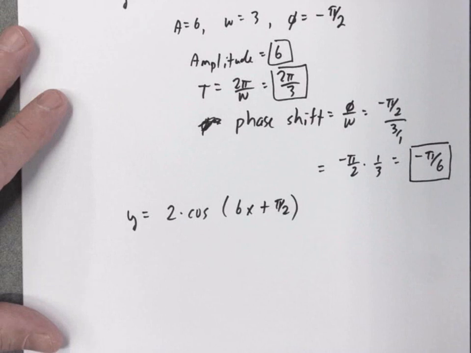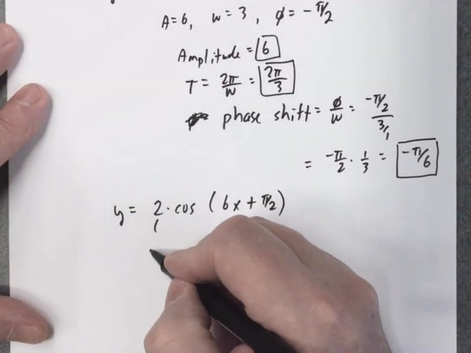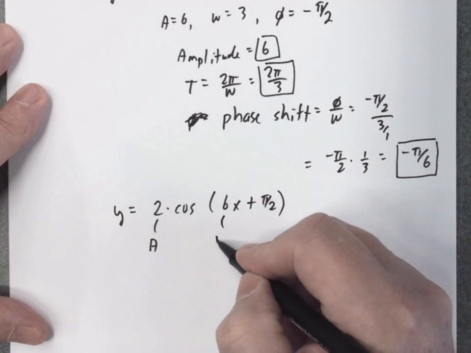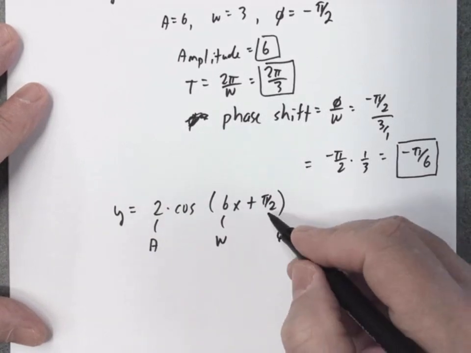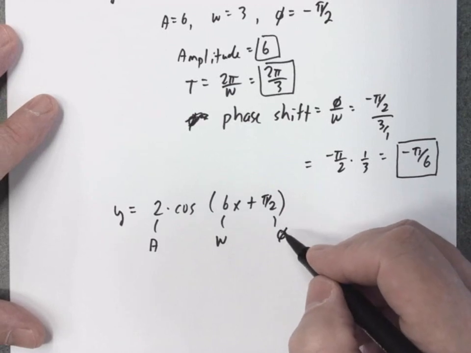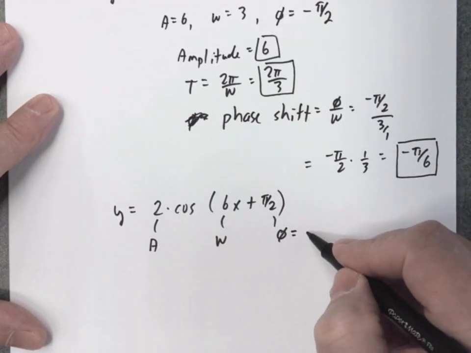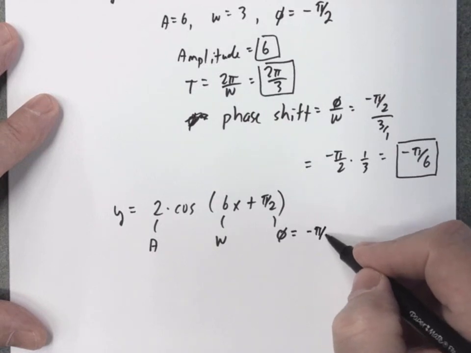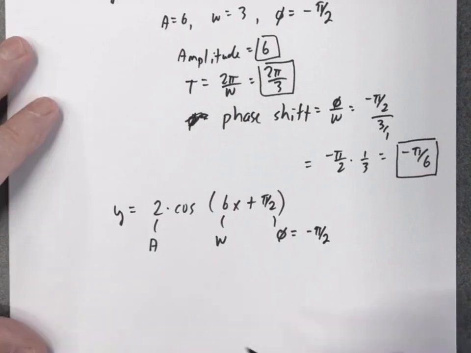So once again, first step is always to define your parameters. A is going to be 2. Although once again, the phi here, when I use it to calculate things, it's actually going to be negative pi over 2.